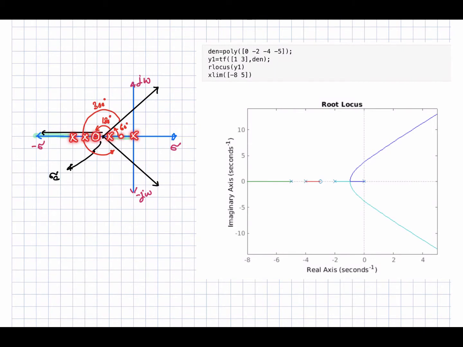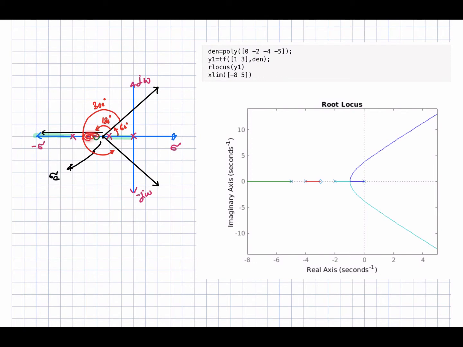So what about this point? If you look at the right side of this one, there is one pole, right? So this is part of the root locus because it's an odd number. If I take the test point over here, and for this whole portion of the real axis, if I look on the right hand side, there are 2 poles, so this is not part of the root locus.